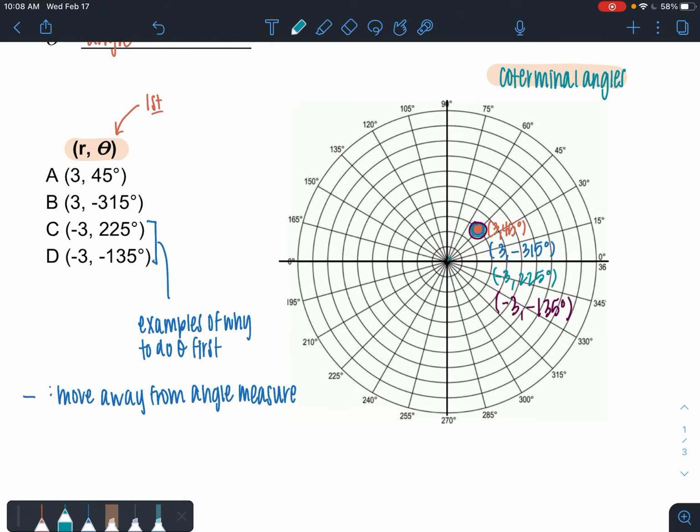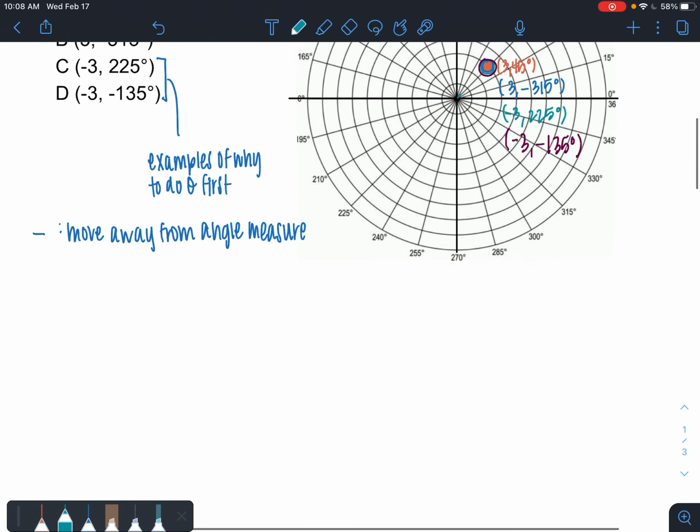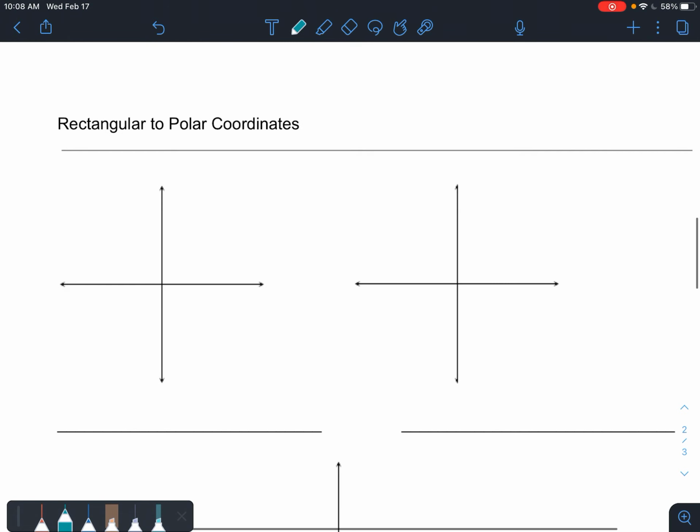Let's move on here. We're also going to have to write rectangular to polar. If I have a point here, then this is my x and this is my y.